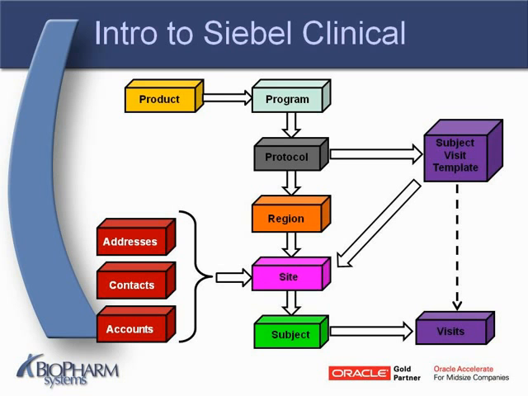These could be physicians, lab techs, contract CRAs, or even reps from some vendor organizations for contacts. And it could be hospitals, clinics, labs, and various external vendor organizations for accounts. So they're entered in the system once and stored in this area of the application.